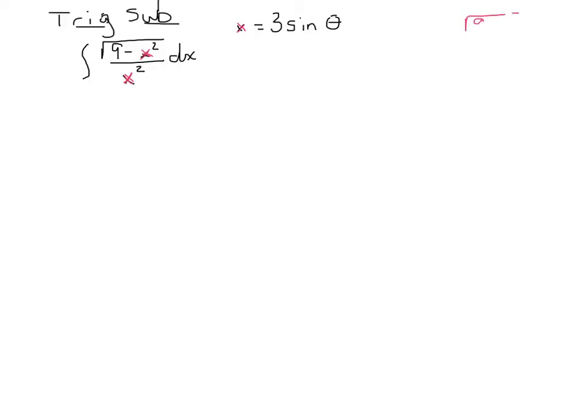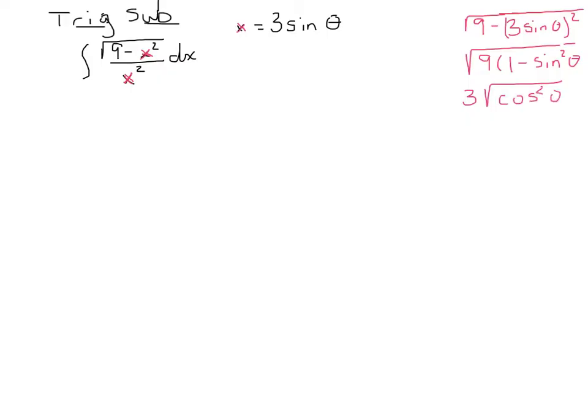So we would have the square root of 9 minus, now x is 3 times the sine of theta, squared, because x is squared. Notice that 3 squared is 9, so I can factor out a 9. That leaves 1 minus sine squared of theta. The square root of 9 is 3, so I bring that outside of the square root. And 1 minus sine squared is cosine squared.